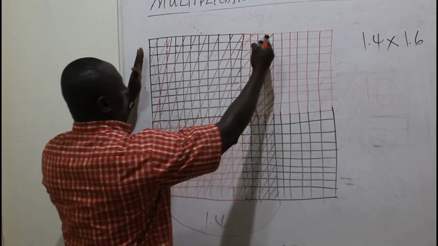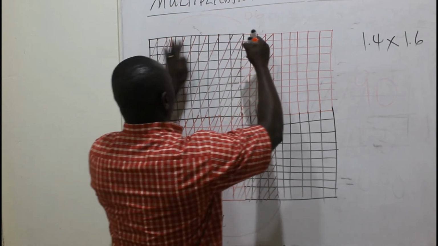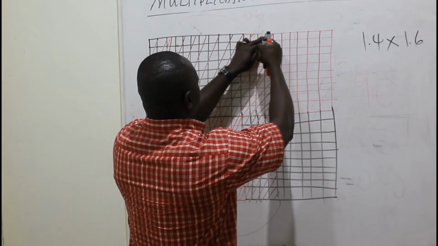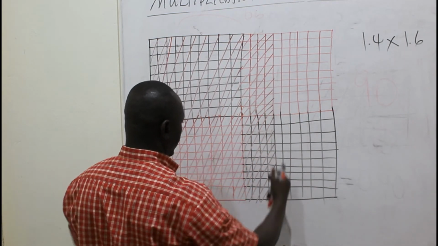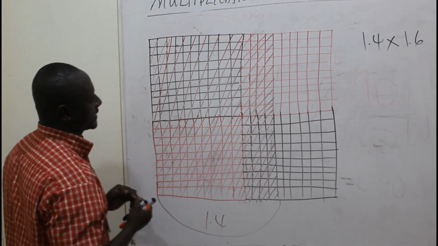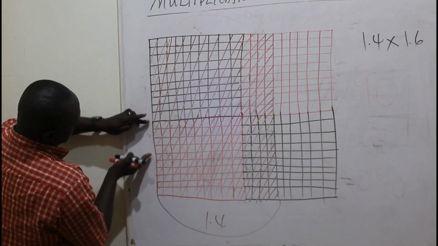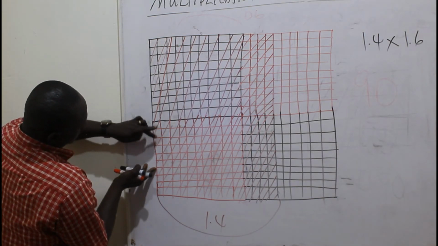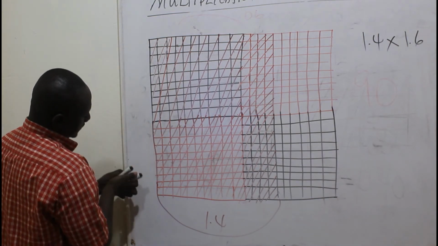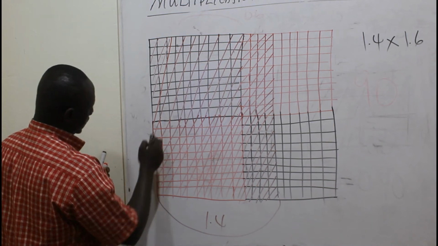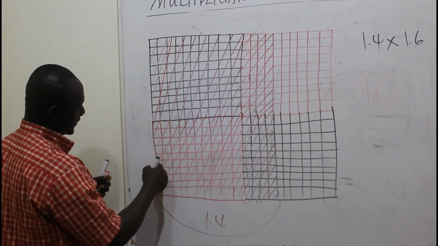This one is 1.4, so I had the whole and then added 4 here. So that gave me the whole of this. This time I need 1.6, so I'll need it in this way, this whole, and then pick 6 here. So 1, 2, 3, 4, 5, 6. It will end here. 1, 2, 3, 4, 5, 6.